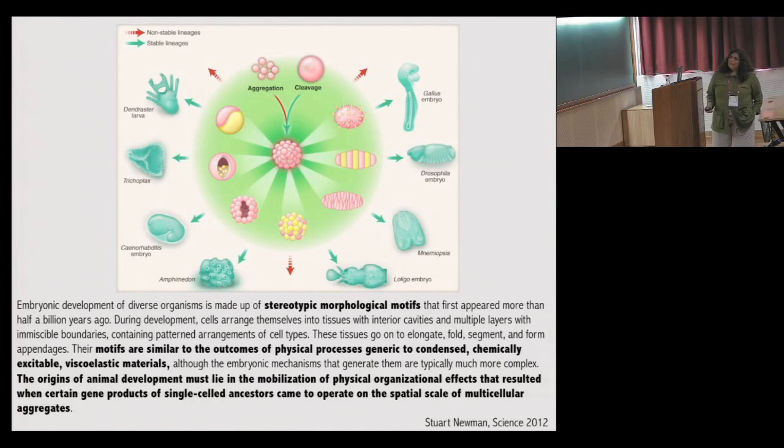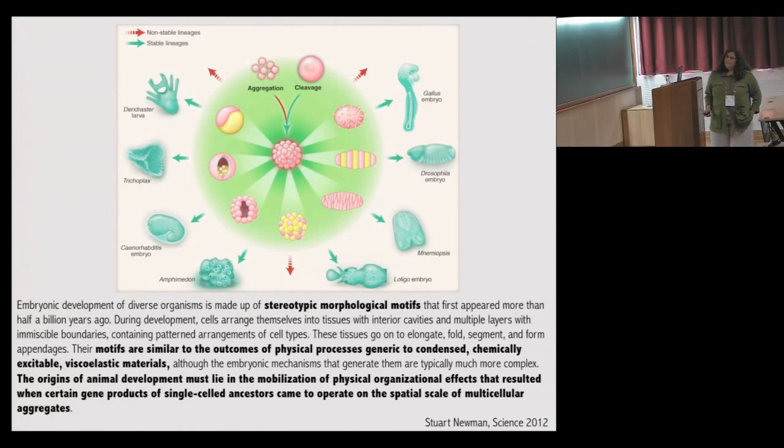What he said was that there must be stereotypic morphological motifs that characterize the development of diverse organisms, right? Essentially, what he was referring to was that in many animals that you look at, cells will arrange themselves into tissues, right? With sometimes interior cavities, multiple layers, immiscible boundaries, containing patterned arrangements of cells. And these tissues will then elongate, fold, segment, and form appendages.